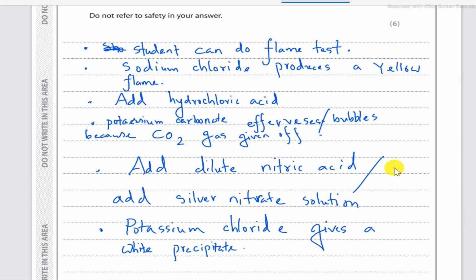Potassium iodide gives a yellow precipitate.